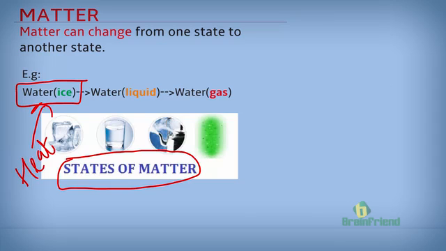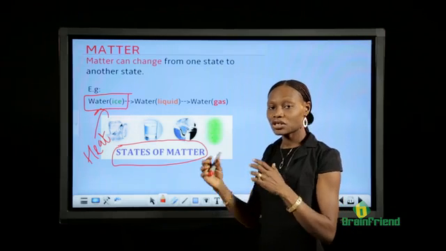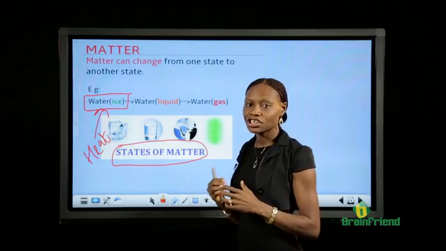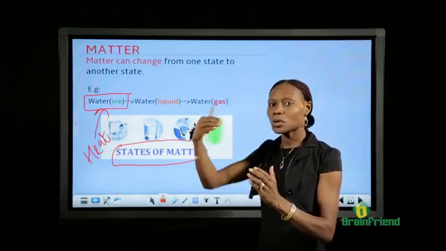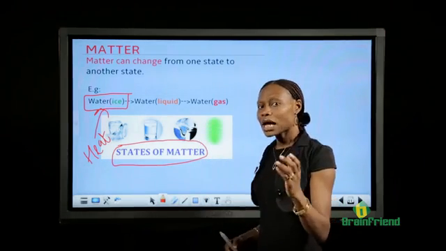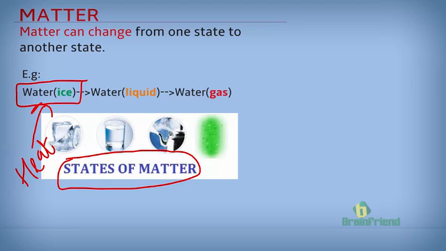to ice, imagine that you pick some ice cubes from the fridge or from the freezer and you pour hot water into it. What happens? You see, gradually the ice begins to melt. It becomes liquid like the hot water.